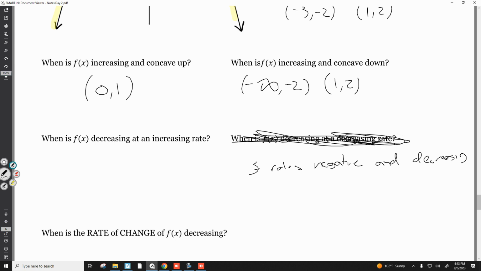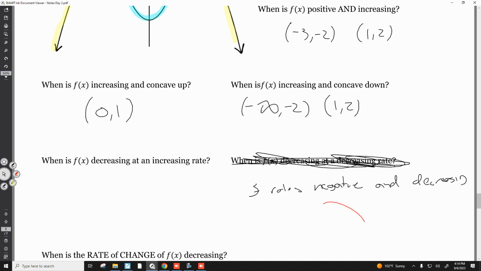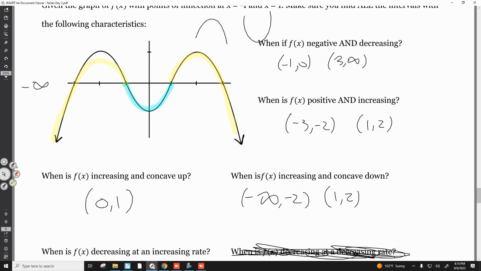When are F's slopes negative and getting more negative, like -1, -2, -3, -4? You should be thinking, F rates are negative, I'm decreasing. F rates are decreasing, I'm concave down. So decreasing concave down, where do we see that? I see it here and here. So -2 to -1 and 2 to infinity.